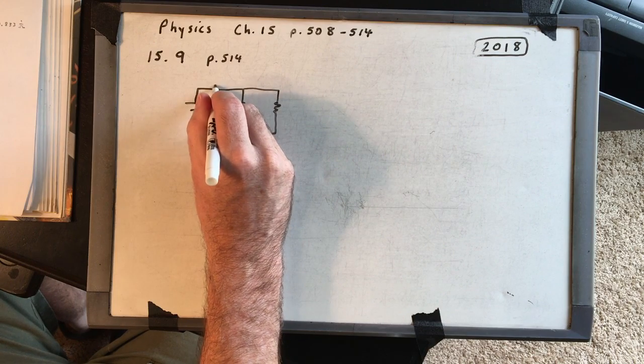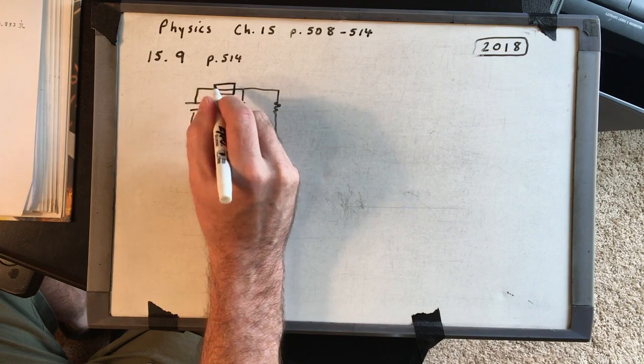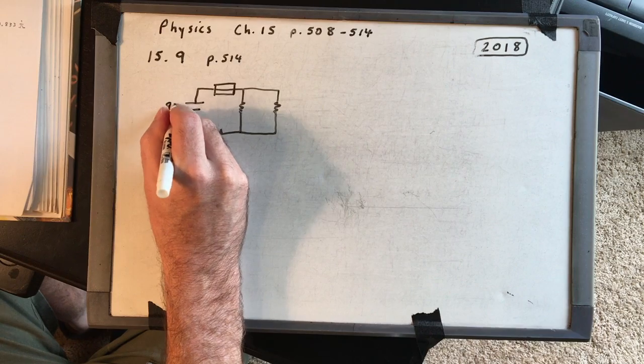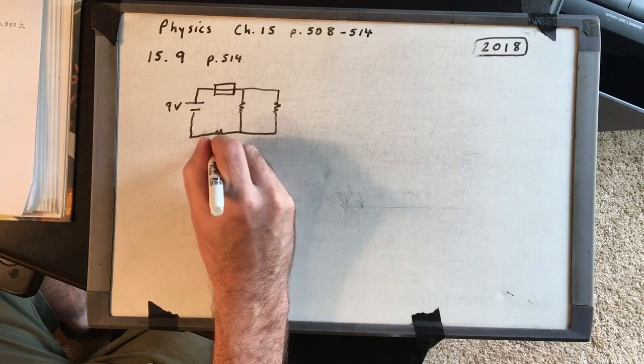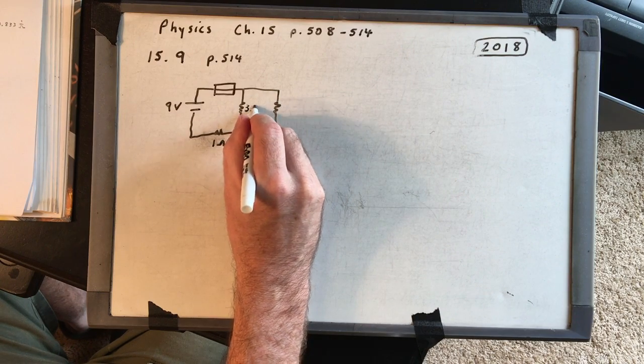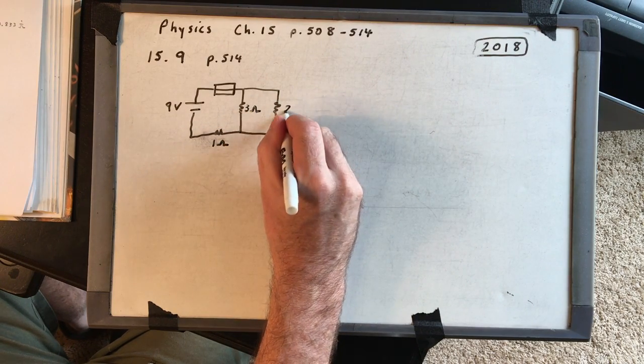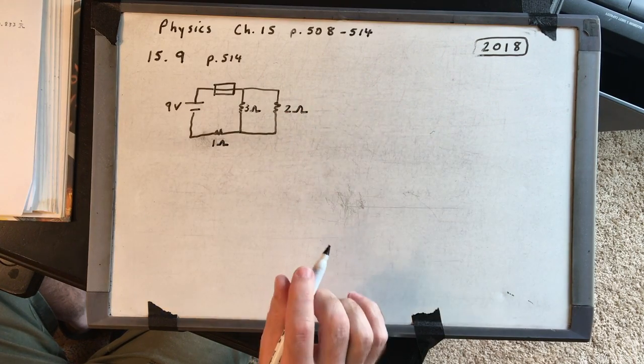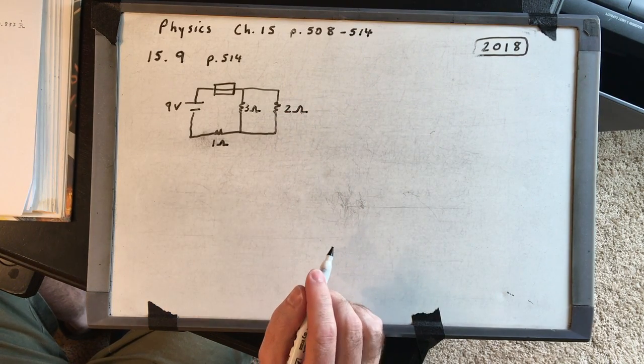All right, our fuse is right here. 9-volt battery, resistors of 1 ohm, 3 ohms, and 2 ohms. So what kind of fuse would you use? A 1, a 3, or a 5 amp?